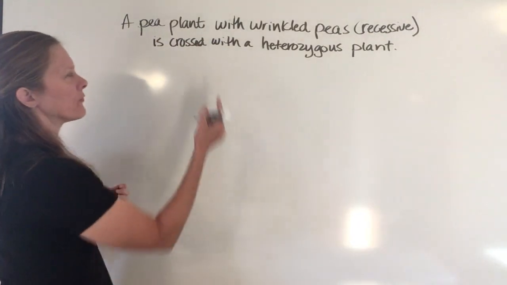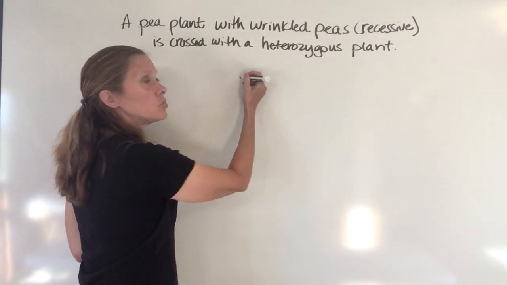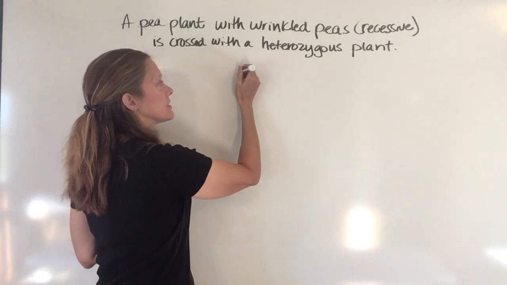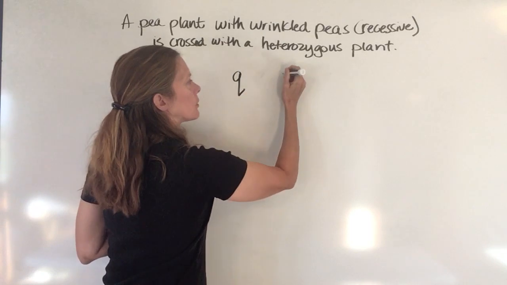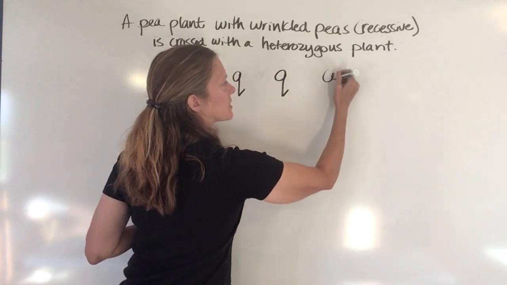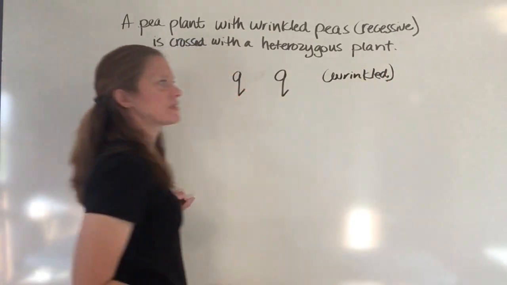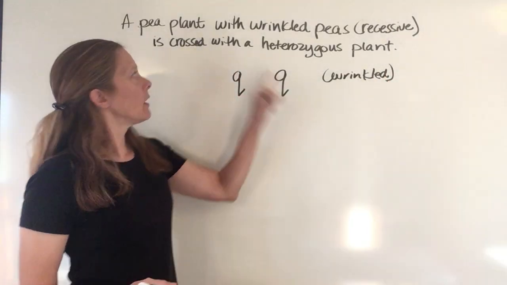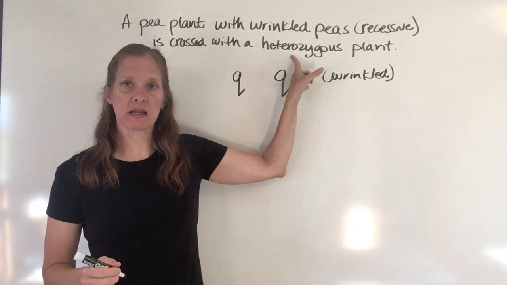So, for wrinkled peas, this genotype, which is what it's called, is going to have both recessive traits. I'm going to spread that out a little bit. Both recessive traits. So this guy is our wrinkled one here because he has two recessive traits. Okay, now, this plant is then going to be crossed with a heterozygous plant.